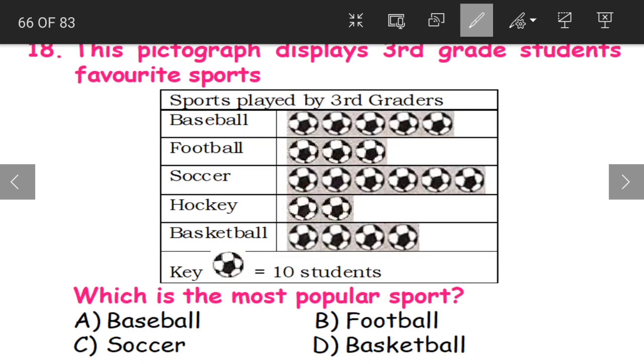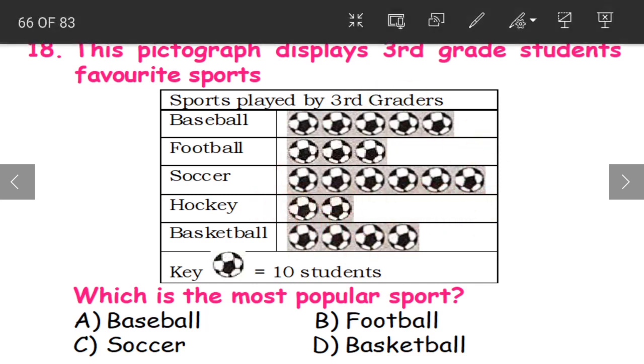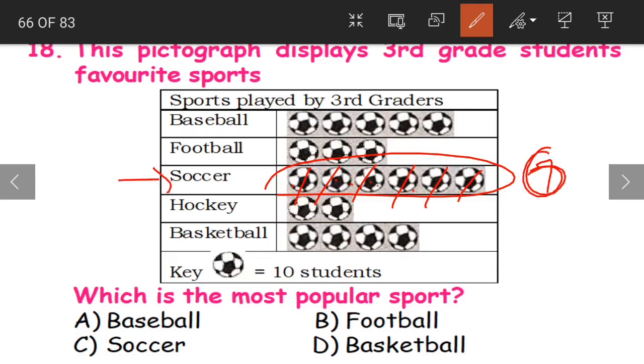Coming to question 18. Now this pictograph displays third grade students' favorite sport. Now which is the most popular sport? Again, just by looking at the number of balls here, which is having the most number of balls, children? Here soccer, 1, 2, 3, 4, 5, 6. So soccer here is having the most number of balls.